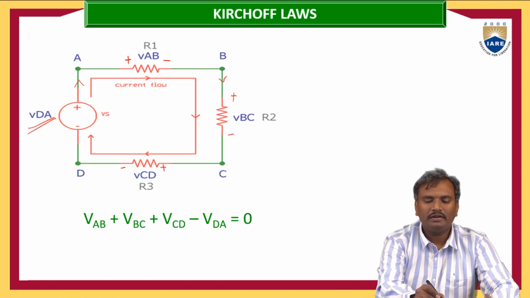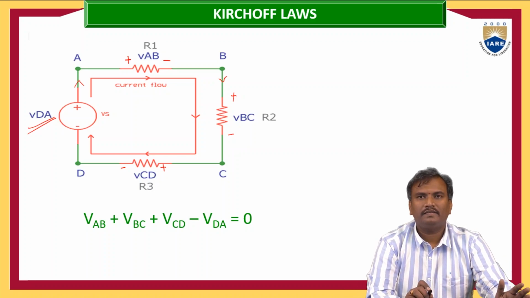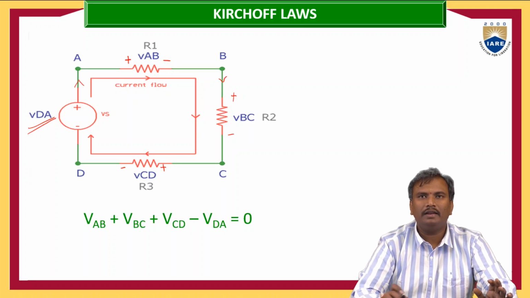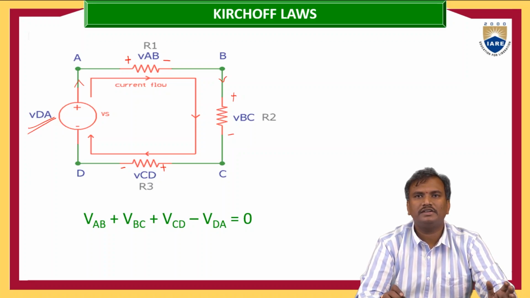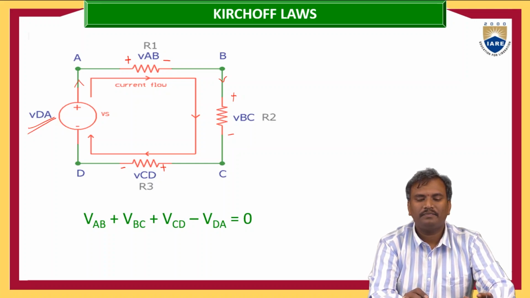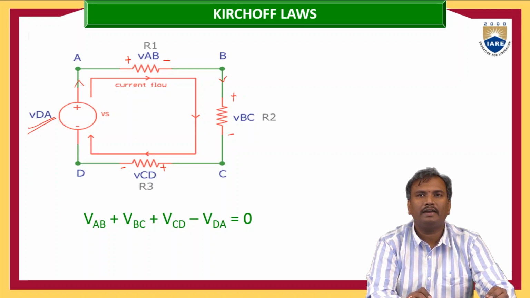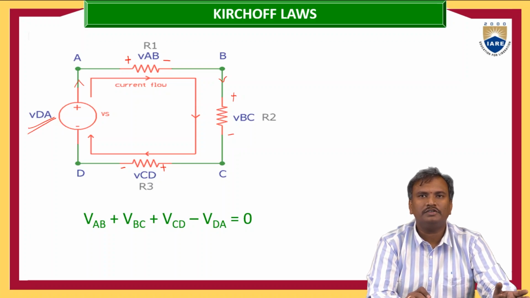So here, as we have already discussed, the current enters the terminal. Kirchhoff's voltage law can be written in different ways. Now we are taking one way, that is, if the current entering terminal is negative, we are going to consider that voltage as negative. If the current entering terminal is positive, that voltage we are going to take as positive.